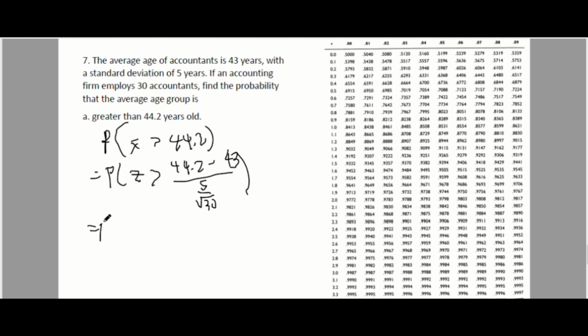So using your calculator, you will get 1.31. So this is greater than, so this is 1 minus P, z less than or equal to 1.31. So for 1.31, 0.9049.